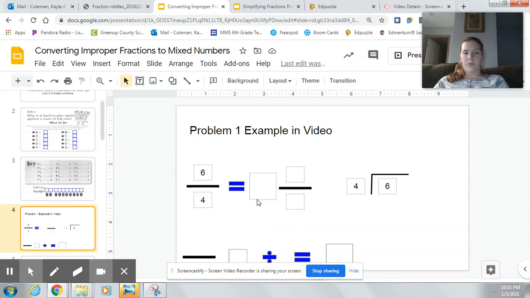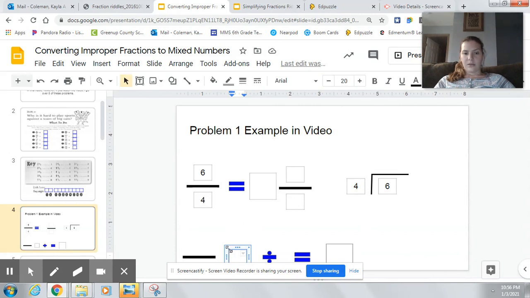And then number 4 is the friend that goes over to the side to cheer him on. So we have 6 divided by 4. And we have to ask ourselves, how many times will 4 go into 6? 4 will go into 6 one time.